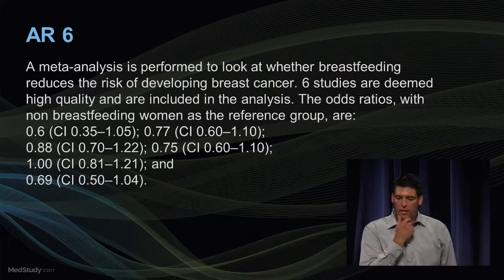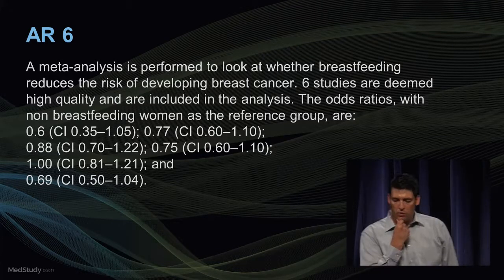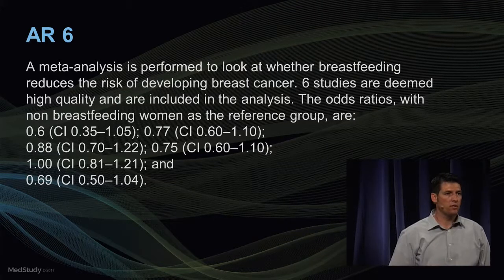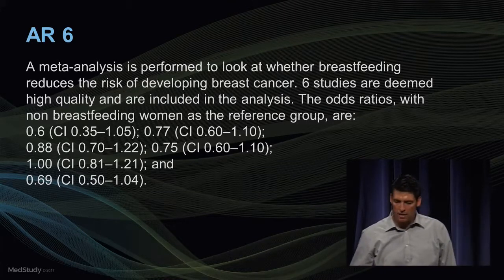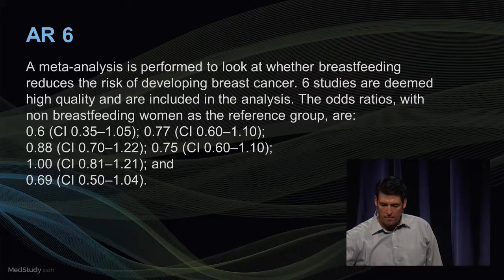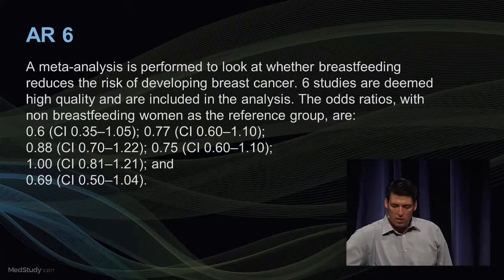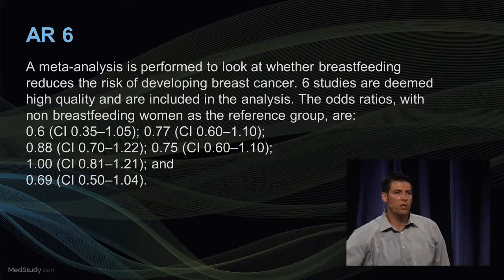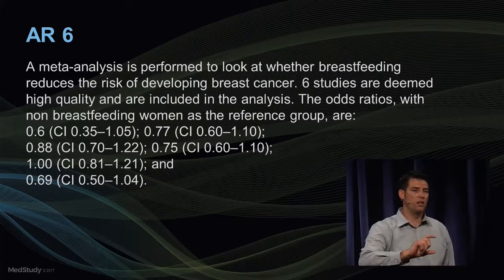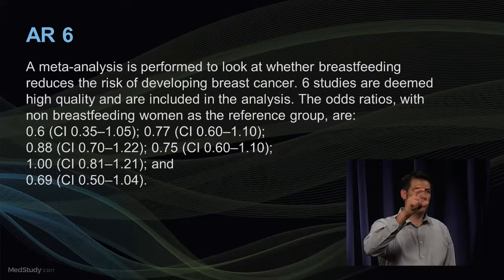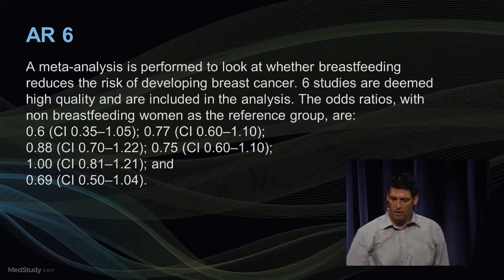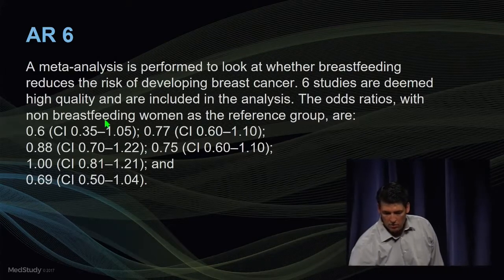We'll look at another meta-analysis performed to look at whether breastfeeding reduces the risk of developing breast cancer. We have 6 studies in this meta-analysis. We looked at the odds ratio with non-breastfeeding women as the reference group. Okay, so you have to think back to the odds ratio. Non-breastfeeding women are in the denominator. Odds for breastfeeding women are in the numerator. And here are the confidence intervals.